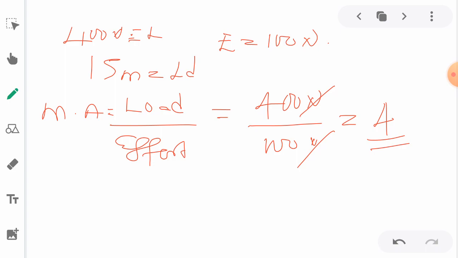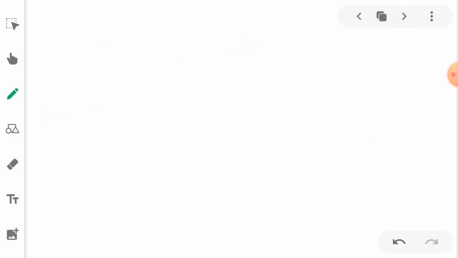Question 2, calculate the distance moved by the effort. Now we know that for us to calculate the distance moved by the effort, we need to have the effort.